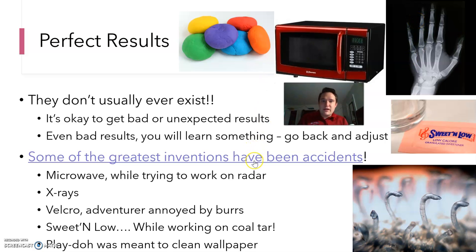You can click on this link right here to see about some inventions that were very accidental. The one that I think is most interesting is Velcro. It's because there was a man that was very adventurous, and he was annoyed by these burrs. So he created something that would catch onto these burrs to help remove them. And Play-Doh is meant to clean wallpaper, which is kind of cool.